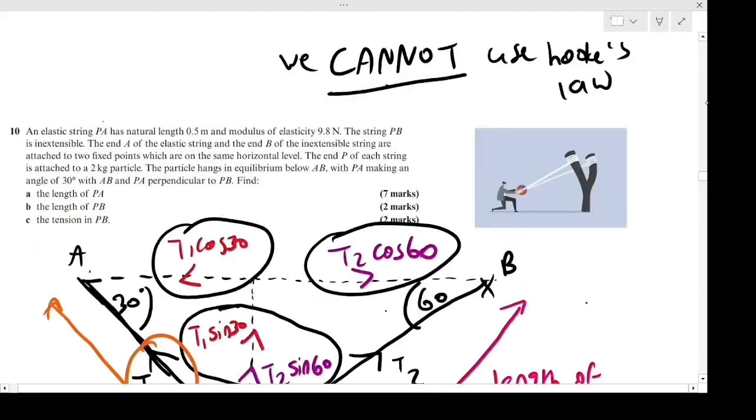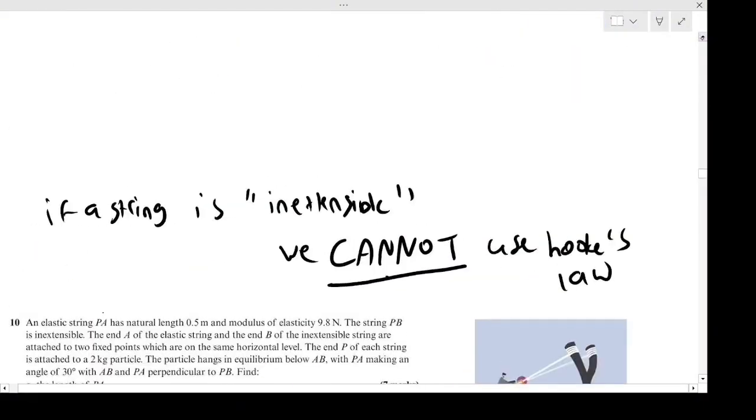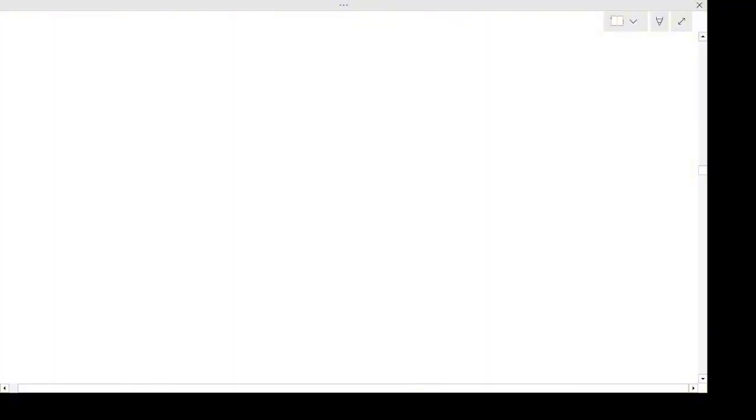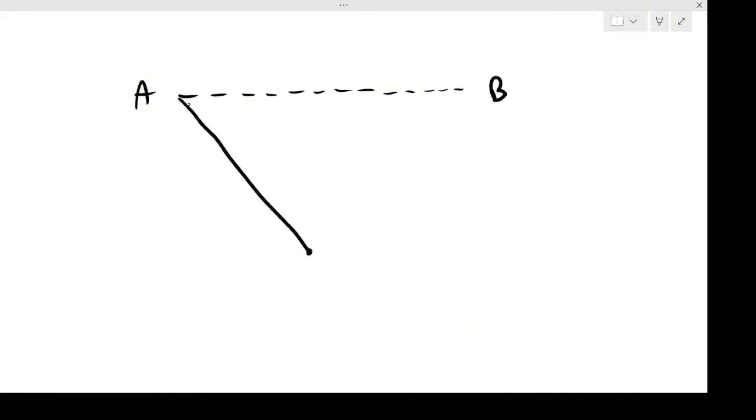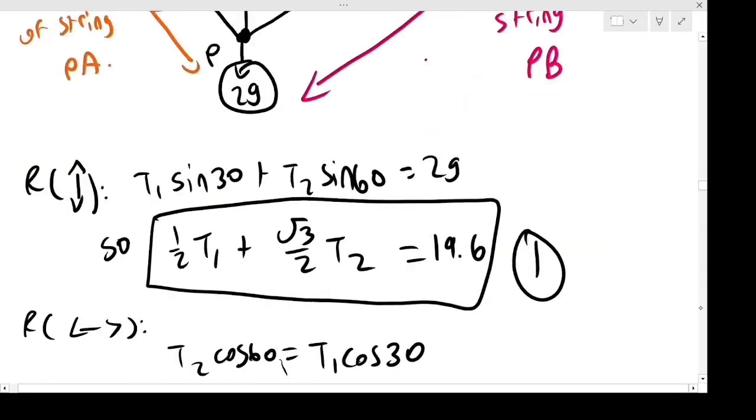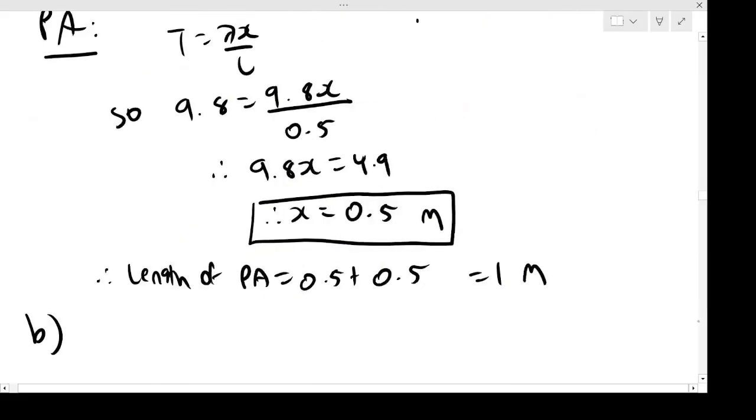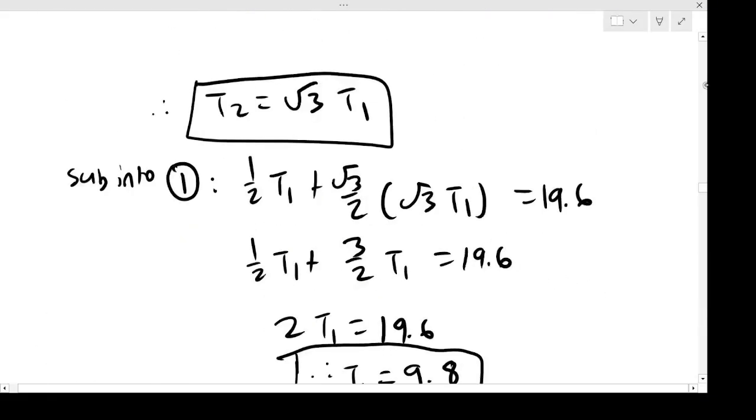If I sketch this triangle out, what we've got is the points A, B, then we've got P, but we worked out the length of PA, didn't we? From part A, the length of PA was 1 meter.